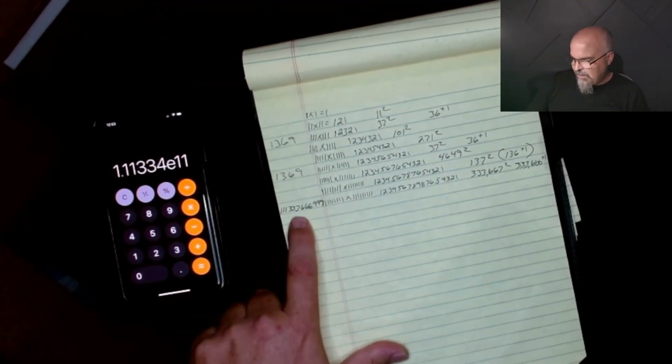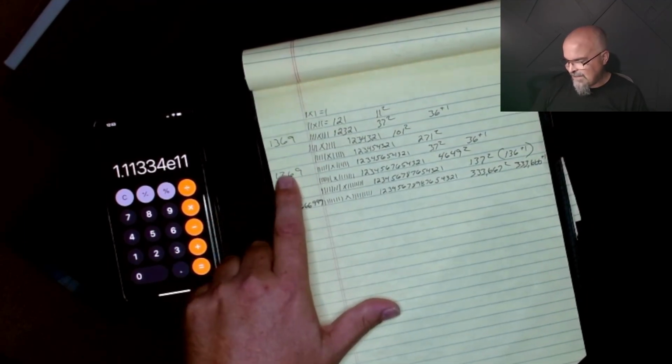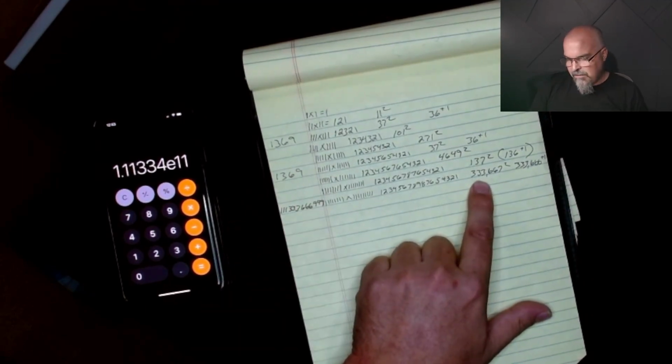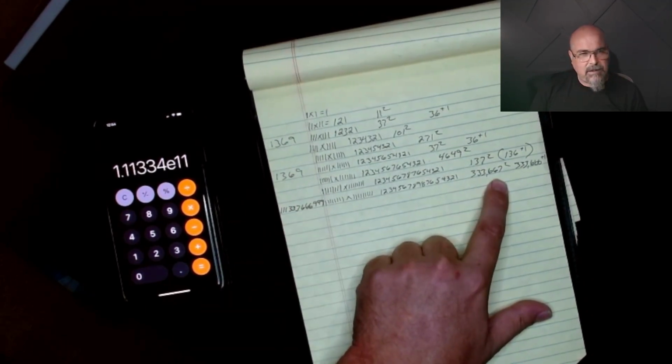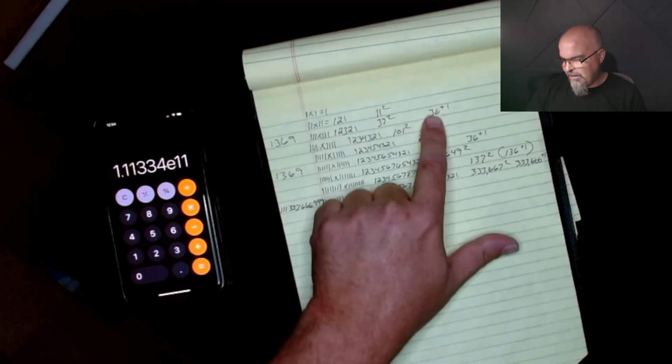So 1, 3, 6, and 9 orbital fields on 3, 6, and 9, all 333,666 plus 1. 136 plus 1, 36 plus 1.